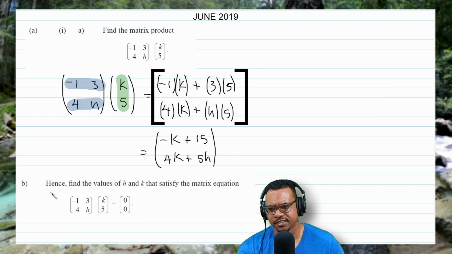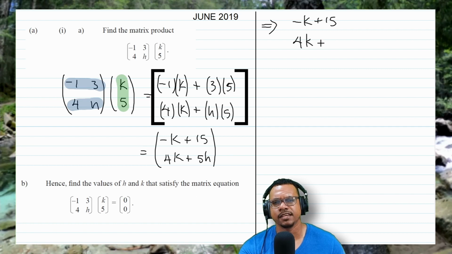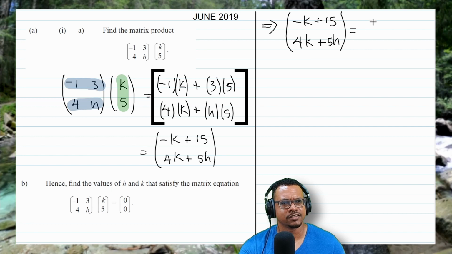Now, part B of the question, they say, hence find the values of h and k that satisfy this matrix equation. So this is the same multiplication that we just did up here, and now we put it equal to 0, 0. That implies that negative k plus 15 and 4 times k plus 5 times h are equal to 0, 0.